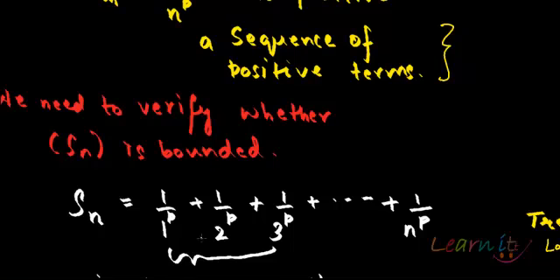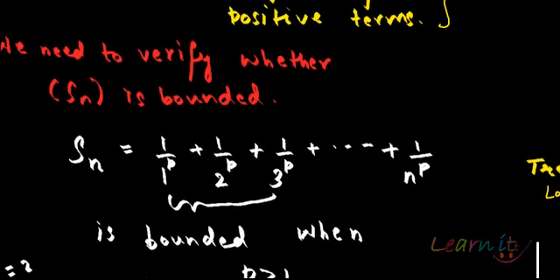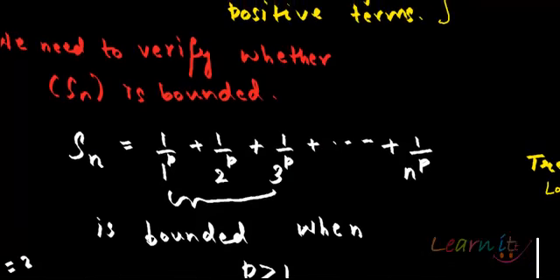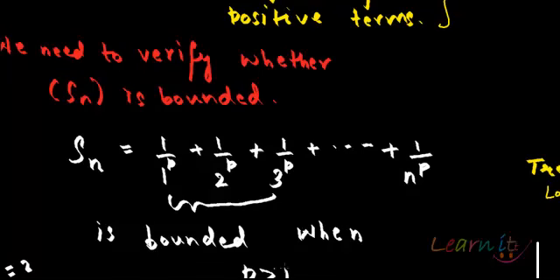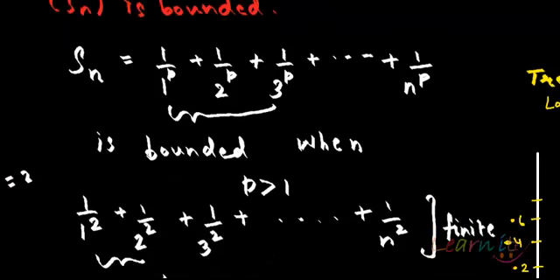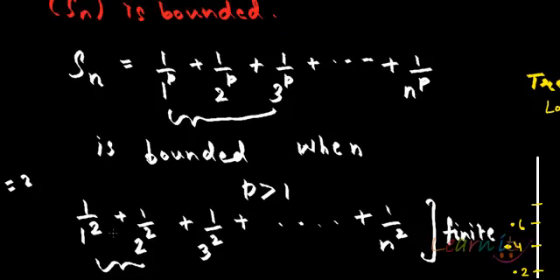Now, Sn is essentially 1 upon 1 to the power P plus 1 upon 2 to the power P plus 1 upon 3 to the power P and so on and so forth. This is bounded when P is greater than 1. Why is it bounded? For the simple reason, we look at when P equals 2.